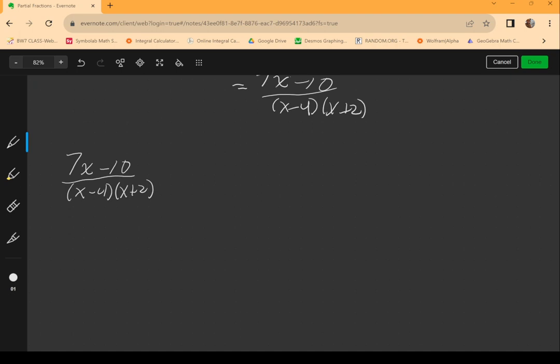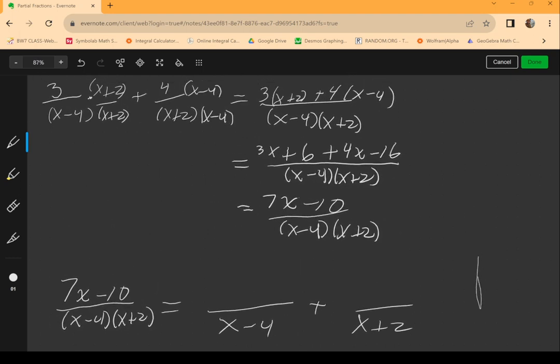We'll start with a problem like this, and then ask ourselves, can I break it down into a sum where we have two terms? One of them will have a factor of x minus 4, and one of them will have a factor of x plus 2.